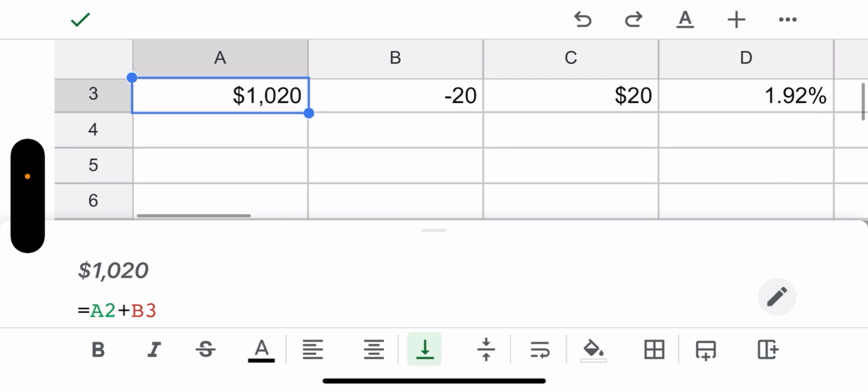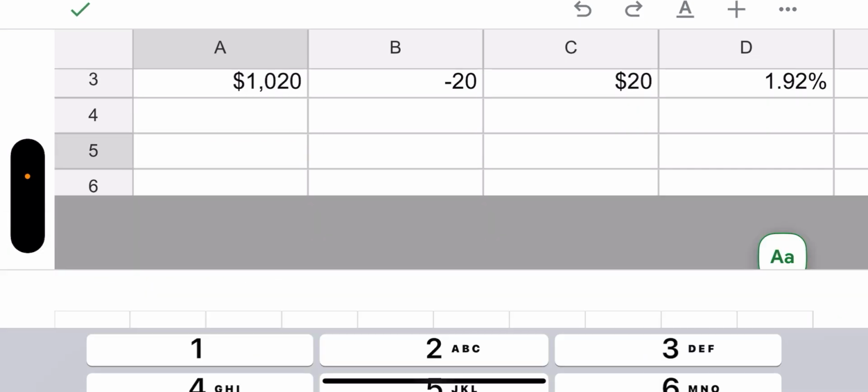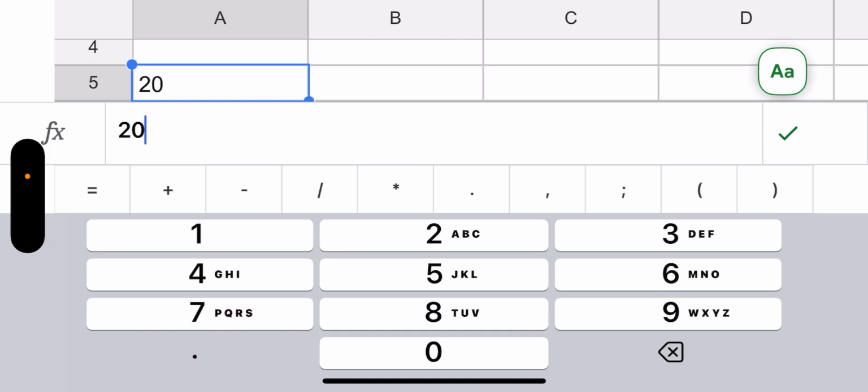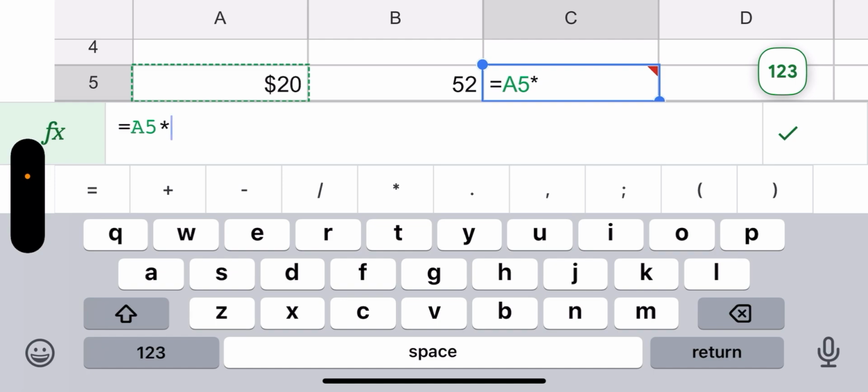So if we made $20 a week, and there are 52 weeks in a year, that's A5 times B5 equals what? A5 times B5.